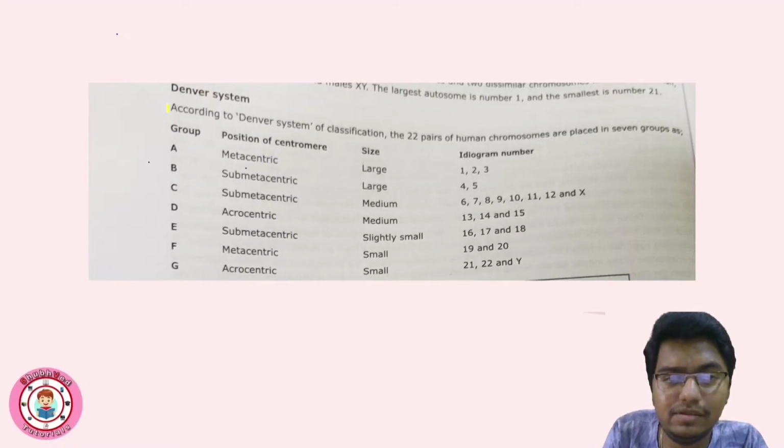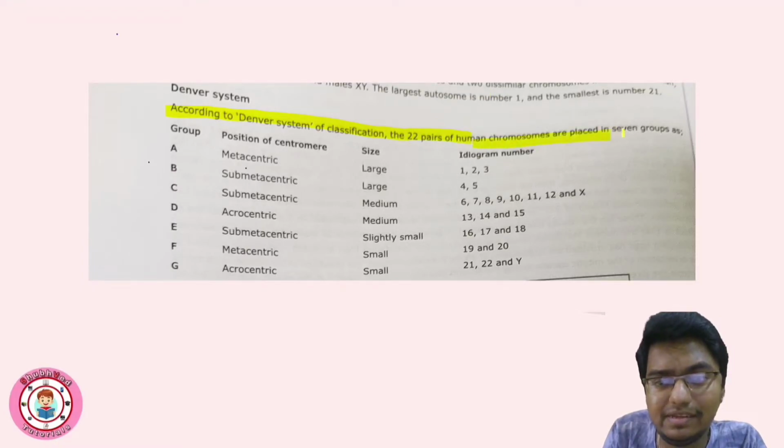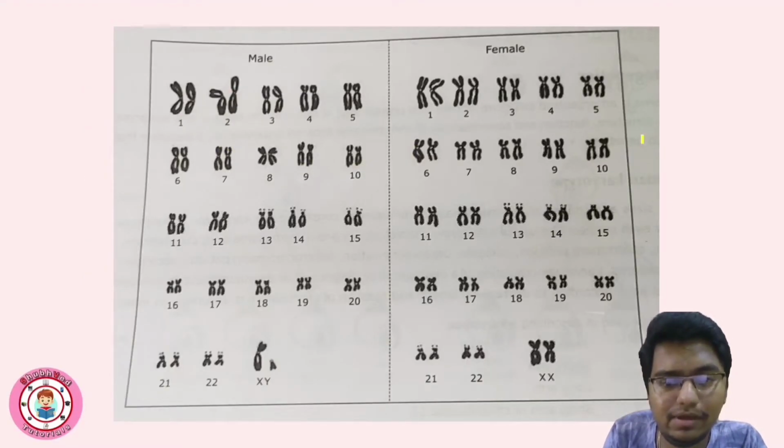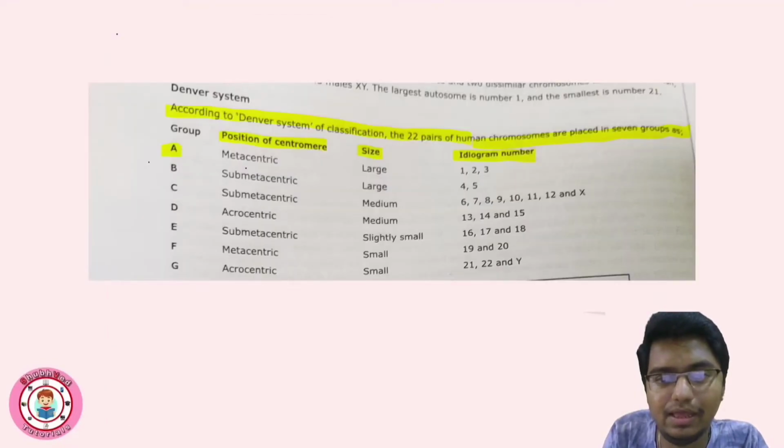According to the Denver system of classification, 22 pairs of human chromosomes are placed in 7 groups. First group A: position of centromere, then size and idiogram number. The first group contains large, metacentric chromosomes, 1, 2 and 3.